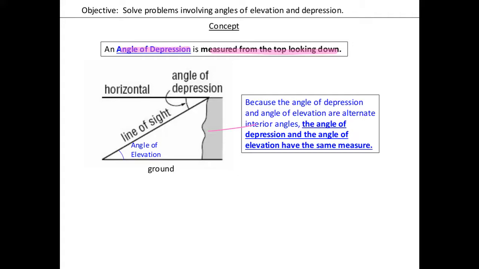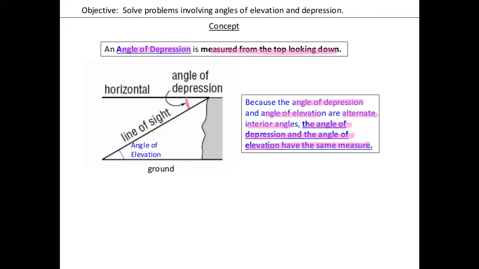Because the angle of depression and angle of elevation are alternate interior angles, they end up having the same measure. The angle of depression is this outside angle looking downwards, between the horizontal line and your line of sight. That is called the angle of depression.